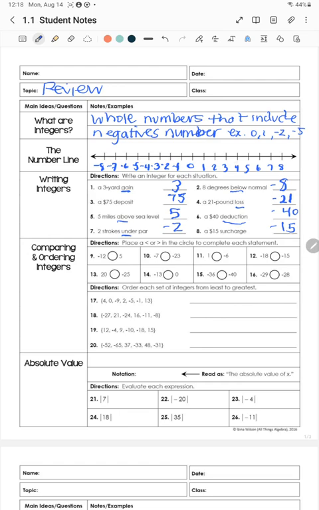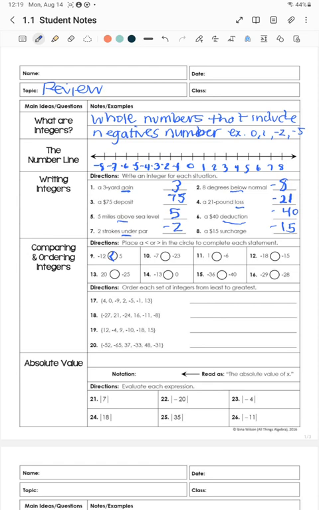Are we losing or are we gaining? We would gain 5, so the bigger number, we eat the bigger number. At least that's how I remember it as a student, that the mouth of the greater than, less than, or equal to symbol eats the bigger number.